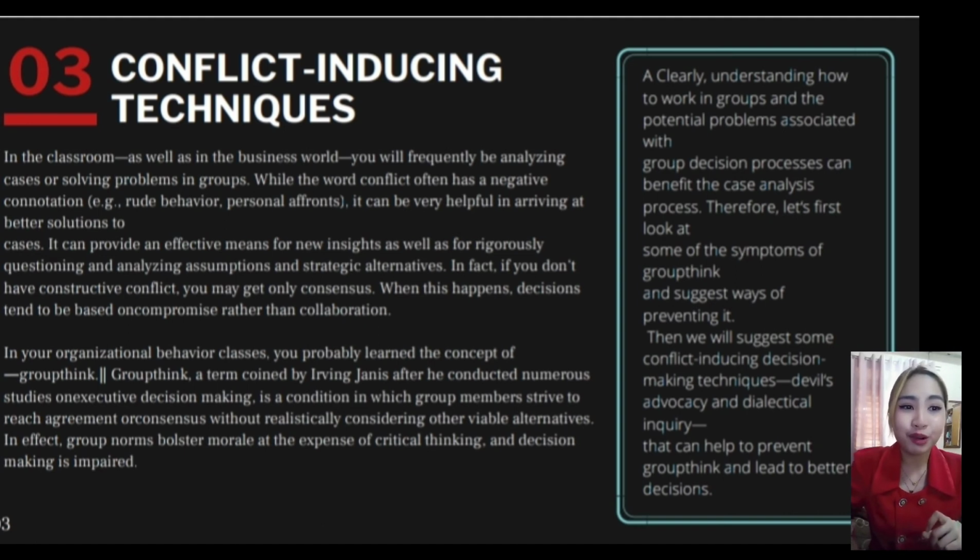Groupthink, a term coined by Irving Janis after he conducted numerous studies on executive decision making, is a condition in which group members strive to reach agreement or consensus without realistically considering other viable alternatives. In effect, group norms bolster morale at the expense of critical thinking, and decision making is impaired.